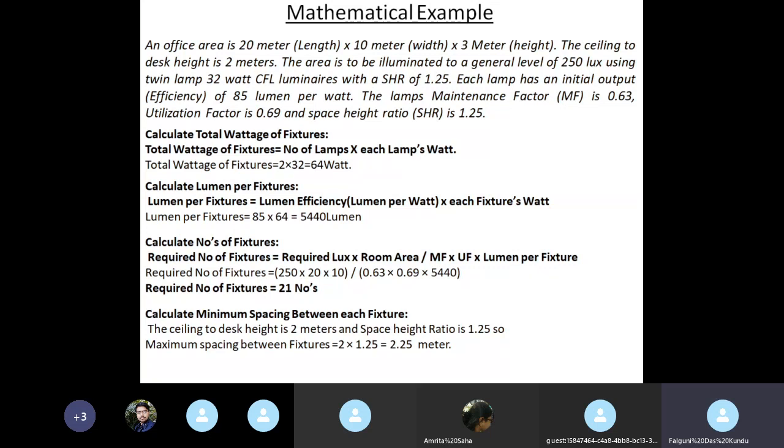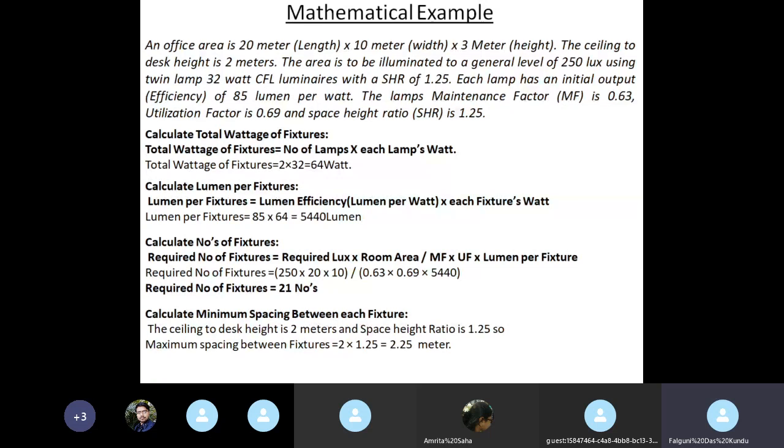Now calculate the number of fixtures. The number of fixtures is the required lux into room area divided by maintenance factor into utilization factor into lumen per fixture, that is 250 into 20 into 10 divided by 0.63 into 0.69 into 5440. Then the required number of fixtures is 21.